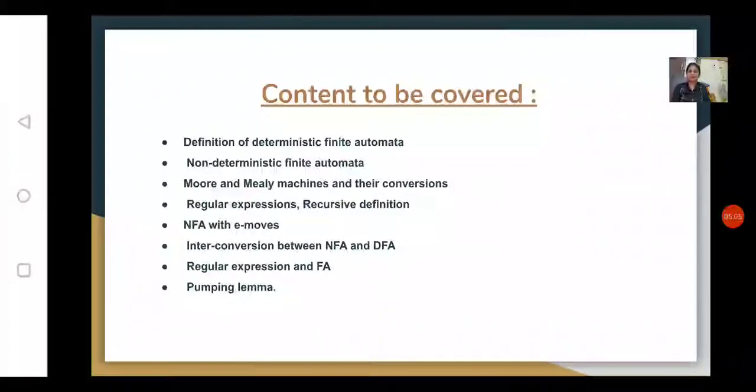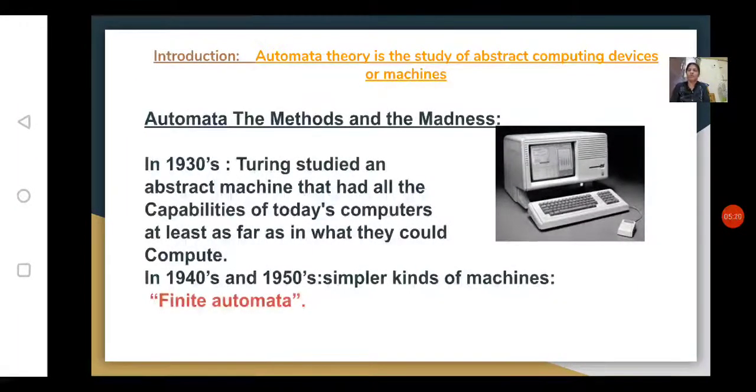Before there were computers, in the 1930s, Alan Turing, one of the scientists you will see, believed what a computing machine could do and what it could not do.